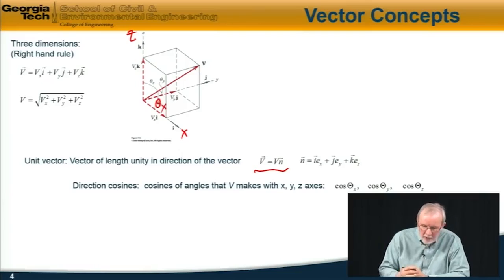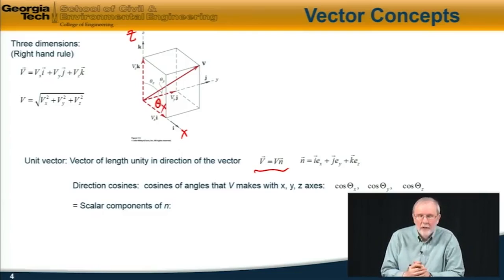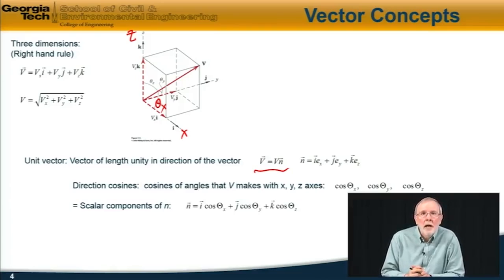And the significance of these is that they are the scalar components of the unit vector along that line. So, in other words, n is equal to i cosine theta x, etc. So cosine theta x is just equal to ex, the component of the unit vector in the x direction, etc.